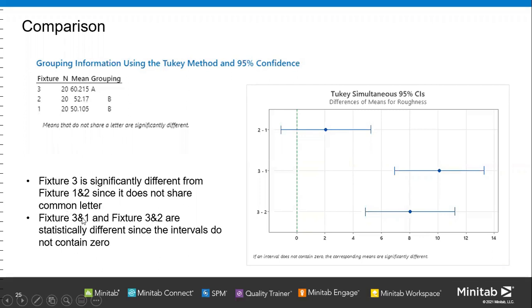Feature 3-1 and feature 3-2 are statistically different since the interval does not contain the 0. So we have this kind of assessment: you want to look at this grouping information, or you want to look at the confidence interval.